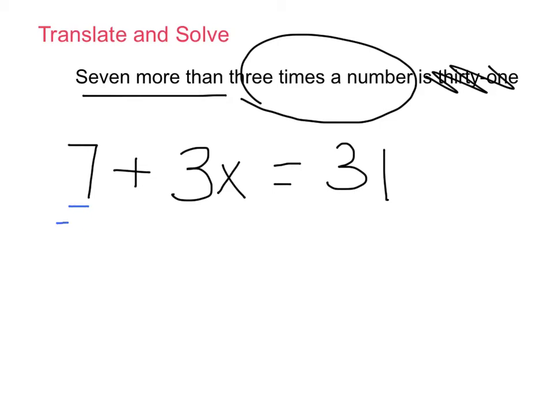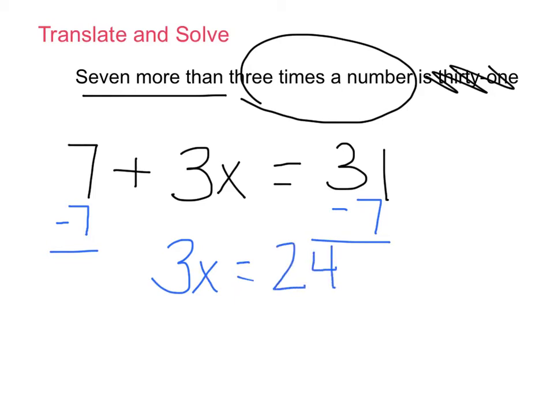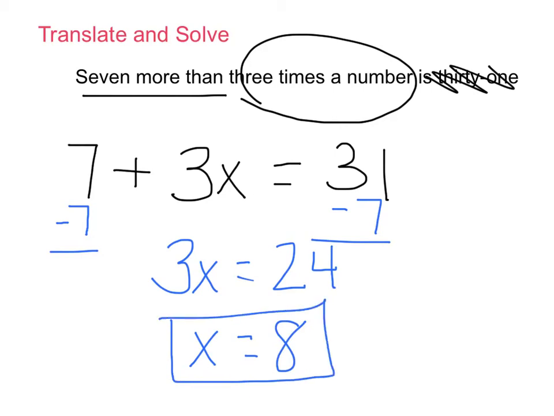We're going to start by subtracting 7, and here we get 3x is equal to 24. And we can mentally divide both sides by 3 so that x is 8. So 7 more than 3 times a number is 31. Well, our number is 8. And that's how you solve these.